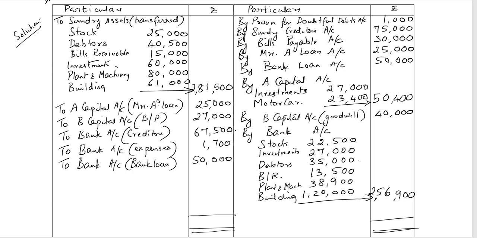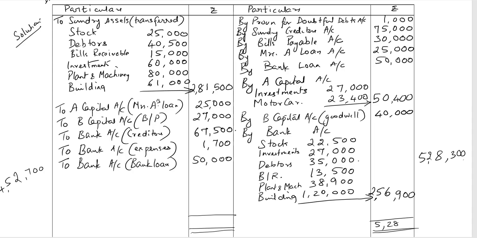I'll total up the credit side first. ₹5,28,300 is the total of the credit side, and total of the debit side is 4,52,700.